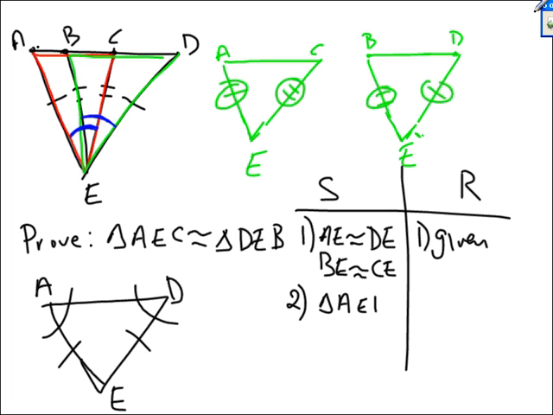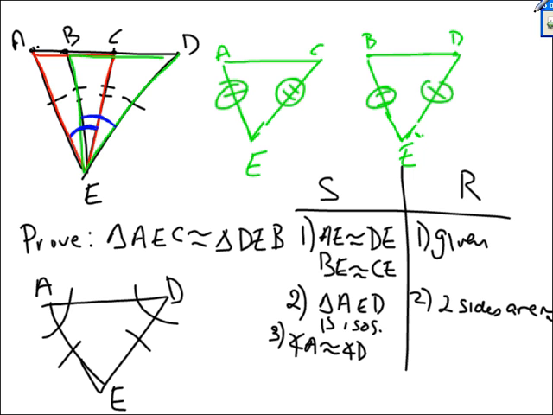Triangle AED is isosceles. Why? Two sides are the same. Two sides are congruent. Now, we can say angle A is congruent to angle D. Base angles of an isosceles triangle are in fact equal.